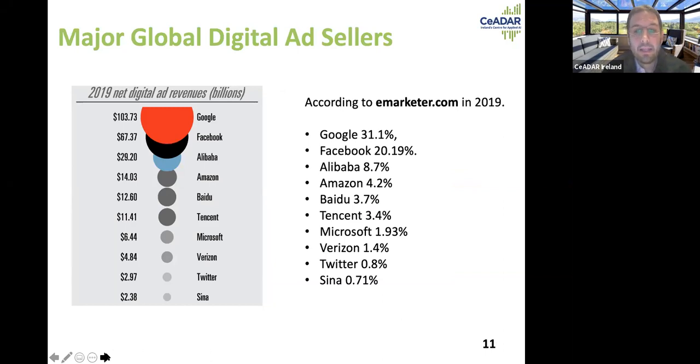Then companies from China like Alibaba, Baidu, or Tencent are starting to grow, and they are taking some interesting piece of the cake. Also, Amazon decided to go into online advertising, and it's not doing badly. It's 4%. That's good.